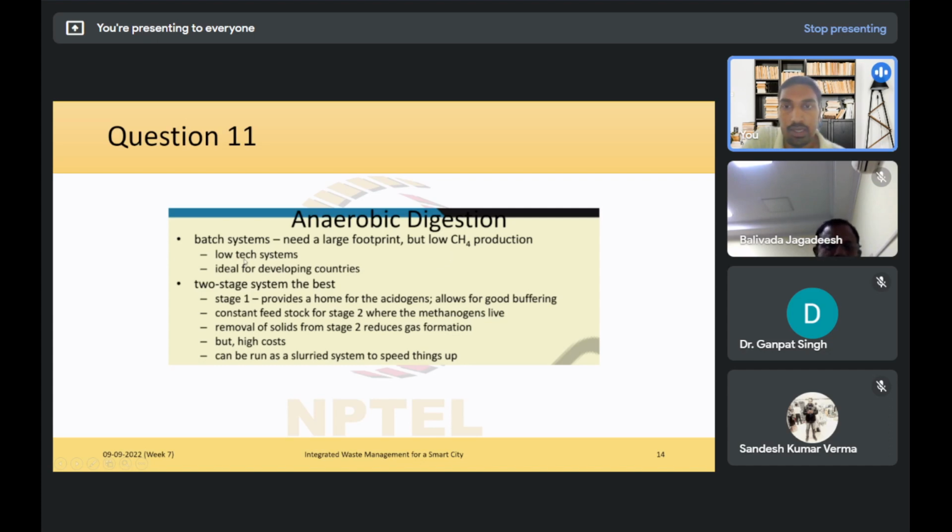It doesn't require very high tech systems. Whereas two-stage requires more cost because we need separate stages for the acidogens and the methanogens. Therefore developing countries may not be able to adopt such systems on a large scale, but it works much better than the batch system, right? So that's the trade-off that we are making between going for a batch system and the two-stage system.